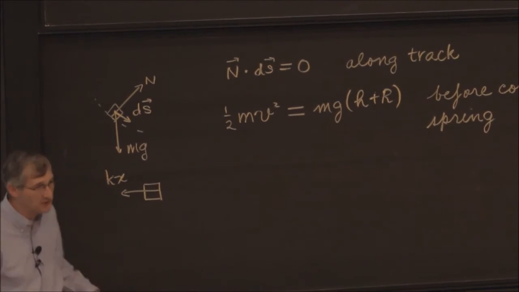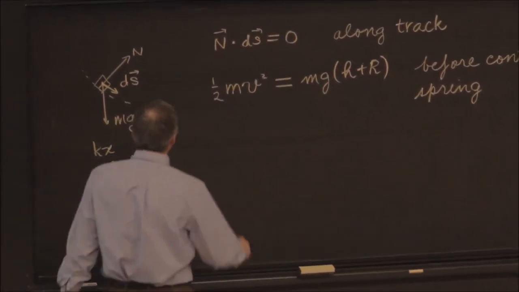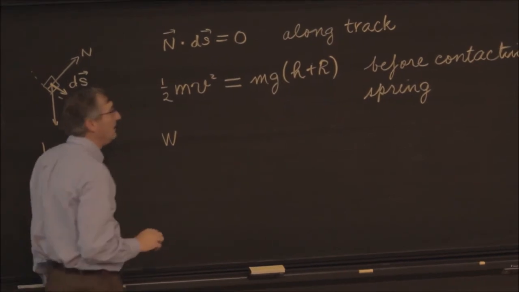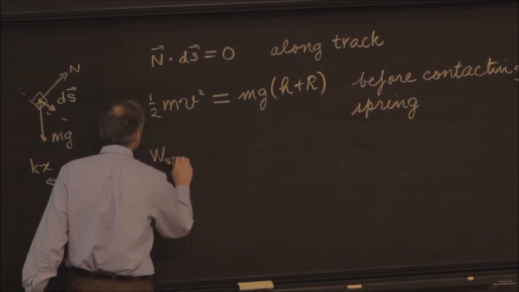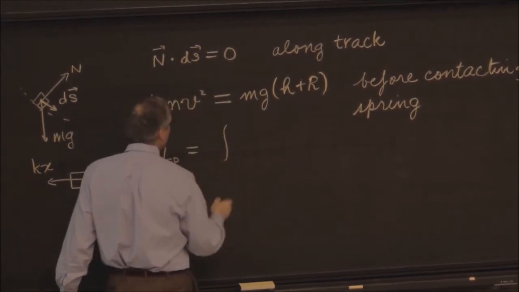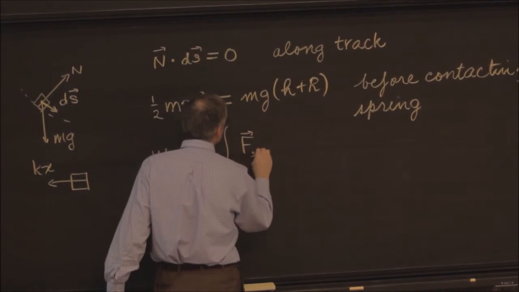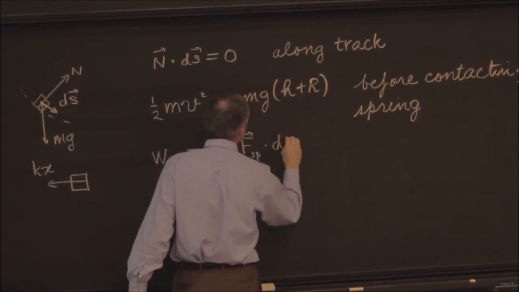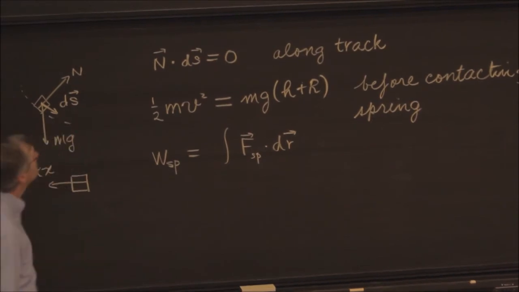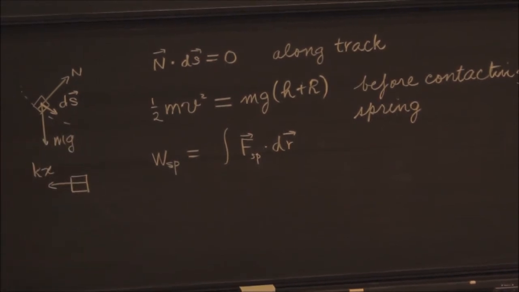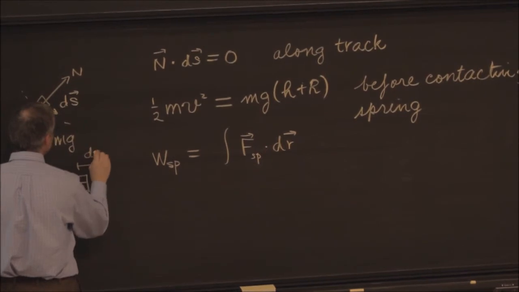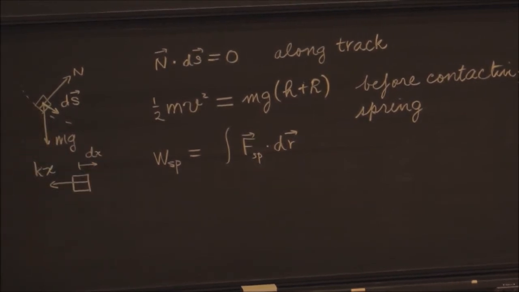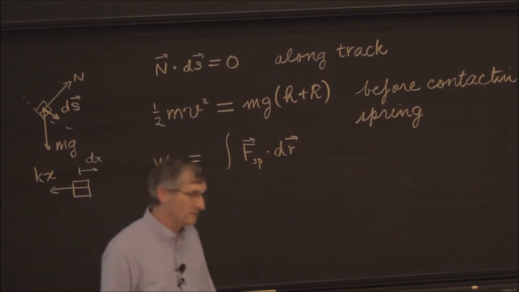Yeah, think first, speak later. All right, so now we want to know the work done by the spring, which will be the integral of the force the spring supplies dotted into the displacement. Okay. So the spring force, the displacement is going to go that way, and the spring force is going the other way.